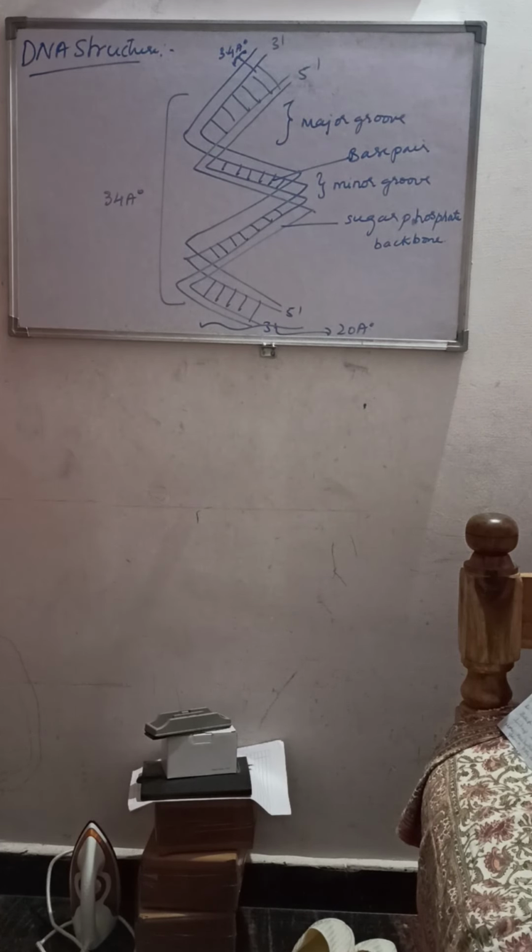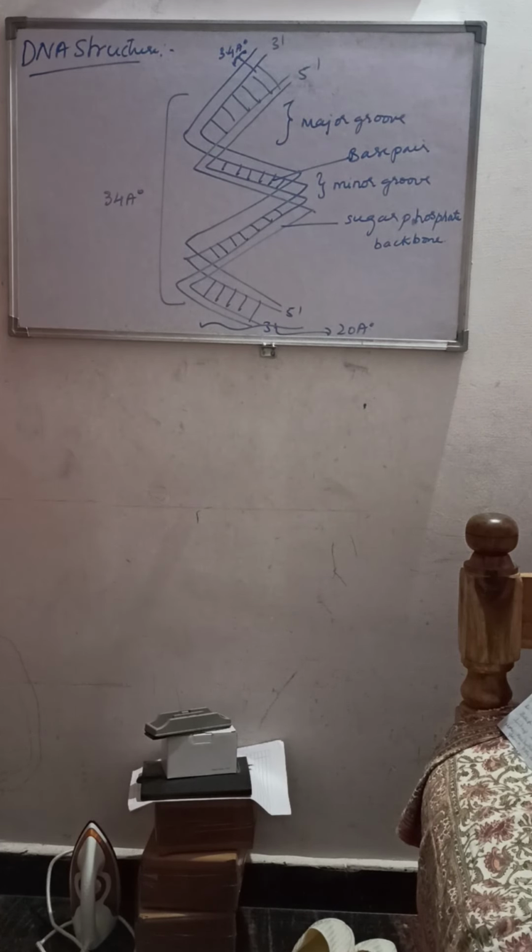You can see in this diagram that A base pairs to T with a double bond, T base pairs to A, and G triple bond C, and C triple bond G. Please refer to the textbook also.